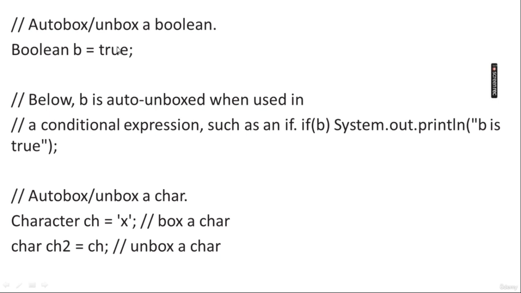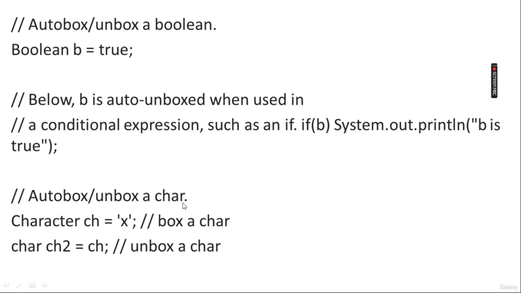So true will be automatically boxed to b, converted to an object of the wrapper class Boolean. And when I am passing this b to the if statement, this b will be automatically converted to the boolean primitive type, and the output is displayed as b is true.